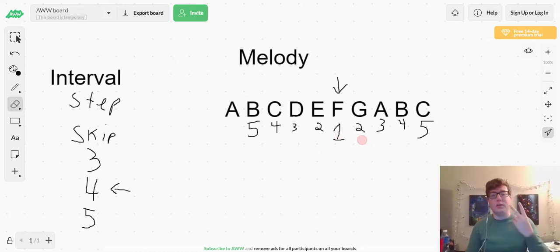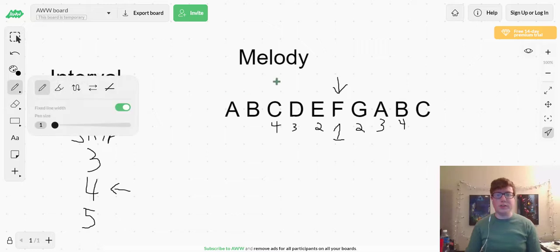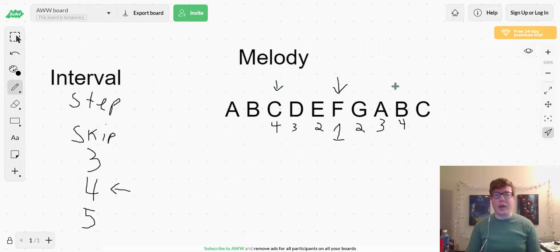So F is 1, G is 2, A is 3, B would be 4. We don't even need that one. Let's do it backwards. F is still 1, E is 2, D is 3, and C is going to be 4. So we just figured out how to write a fifth and then immediately after a fourth.